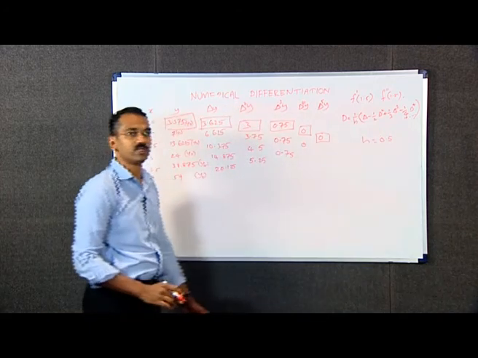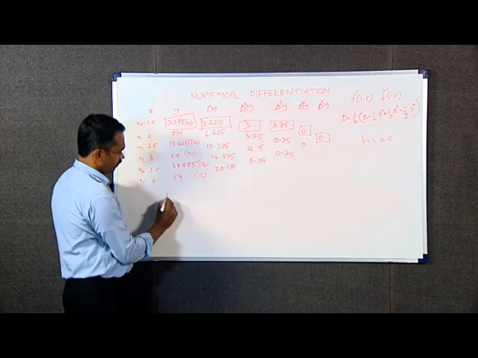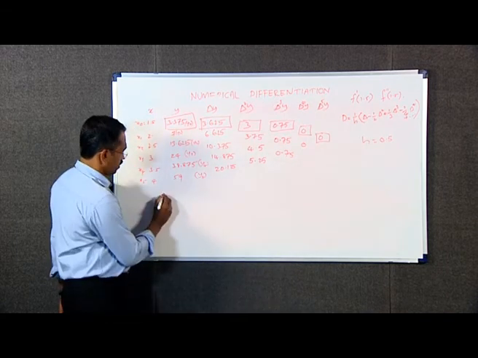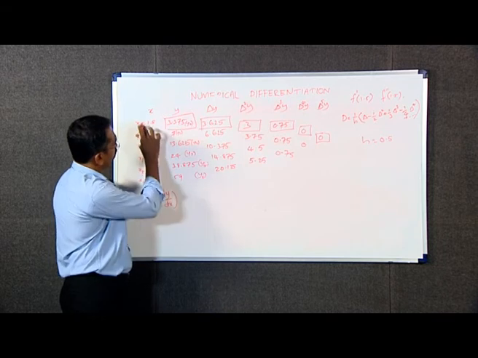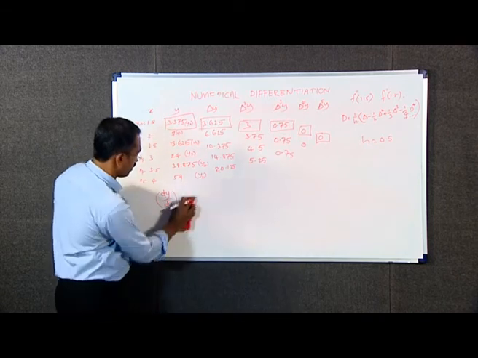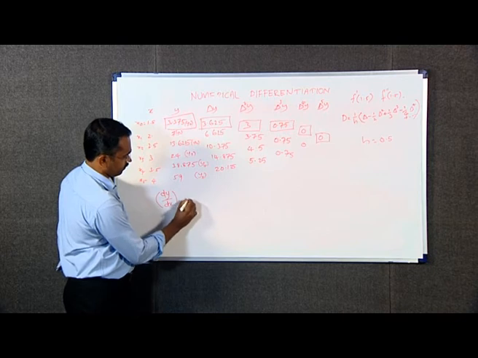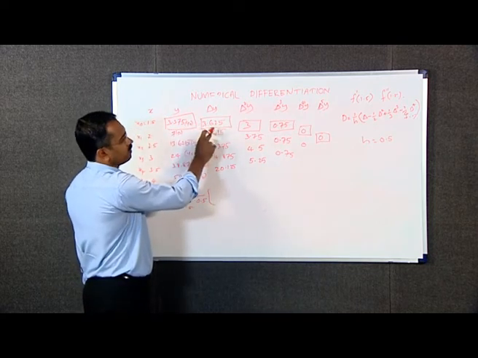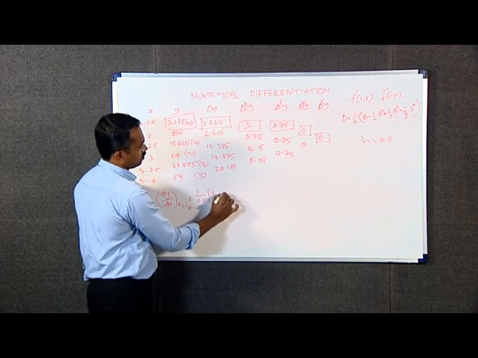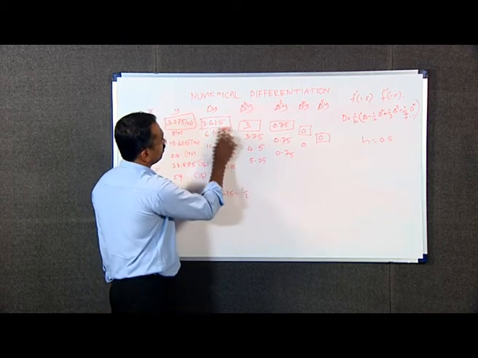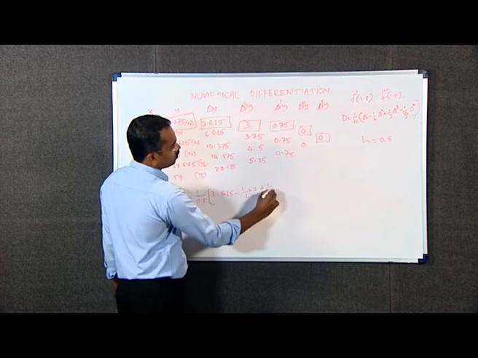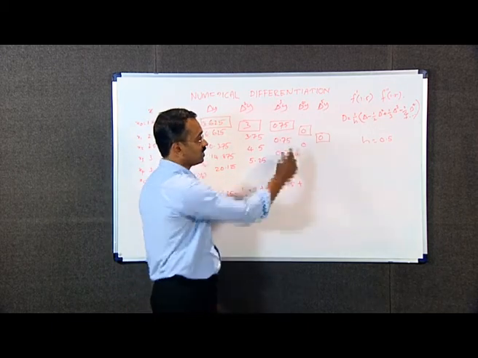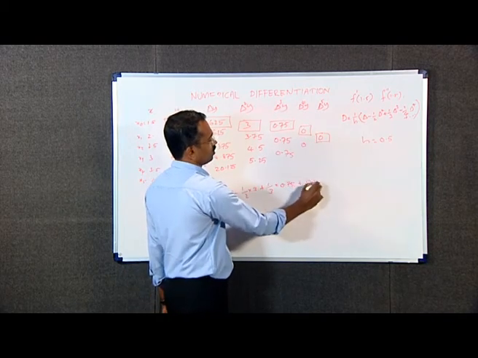Therefore, the first derivative, dy by dx at x equal to x naught, that is x equal to 1.5, is equal to 1 by h into delta, that is 1 by 0.5 into delta y naught, which is 3.625, minus 1 by 2 into delta square y naught, which is 3, plus 1 by 3 into delta cube y naught, which is 0.75, plus the next two differences are 0, therefore the corresponding terms are 0.